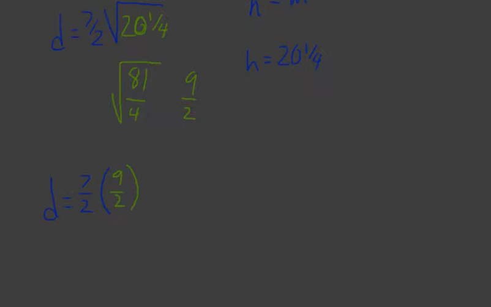So now D equals, let's use the same color, 7 times 9 is 63, and then divided by 4. Okay, but then let's change this to a mixed number. So what times 4 will get us close to 60? That's the question at hand.